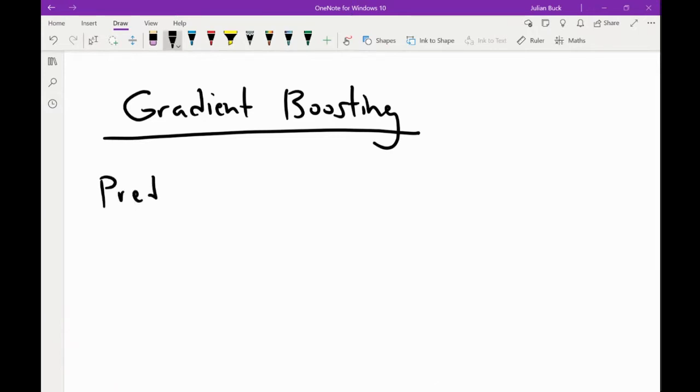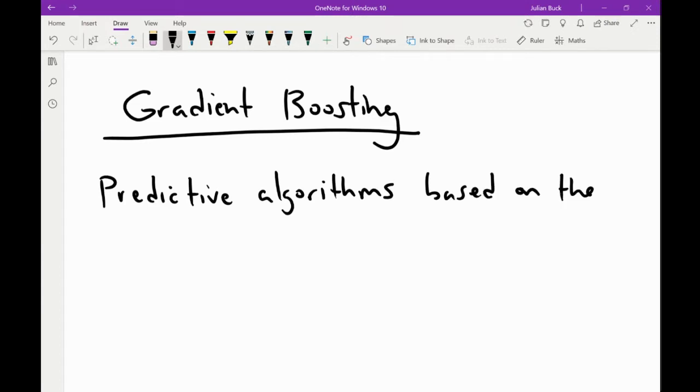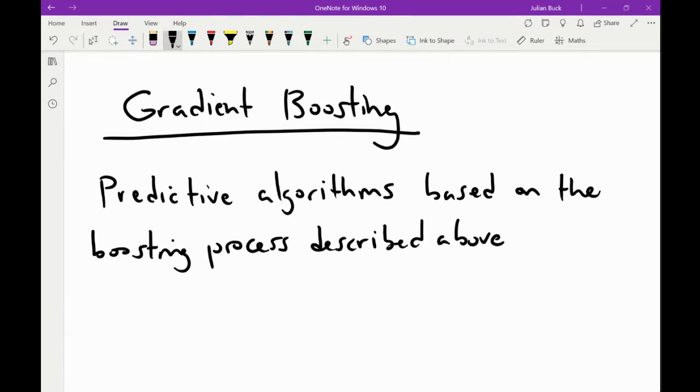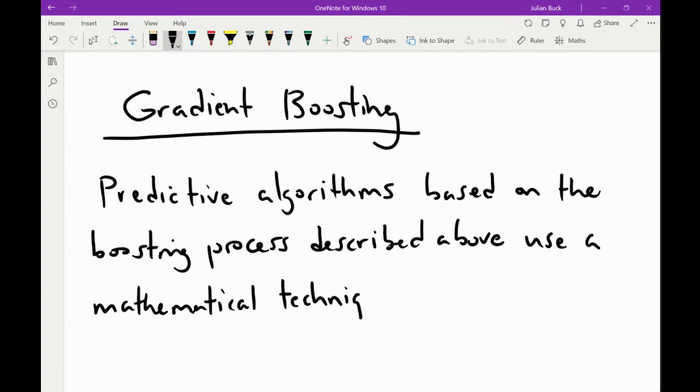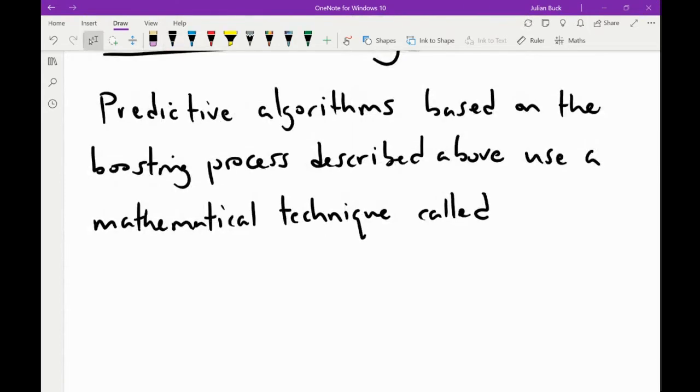Predictive algorithms based on the process of boosting, what we described above, use a mathematical technique called gradient descent.